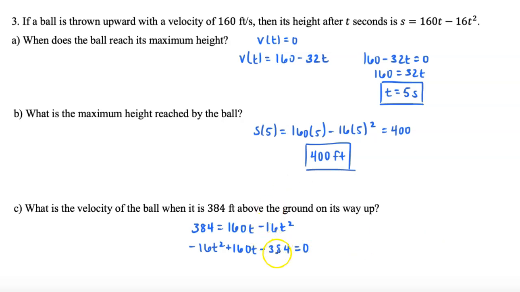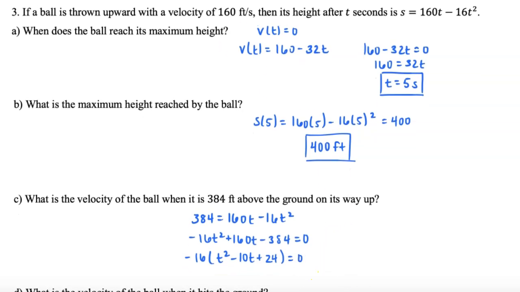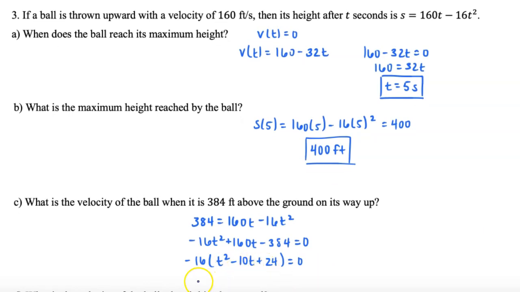Now I notice that a 16 goes into all of these terms, so I can factor out a negative 16 because I want to solve this quadratic. And I am left with t squared minus 10t plus 24, because 384 divided by 16 is 24. And this is equal to 0. And so now I want to see if I can factor this quadratic.